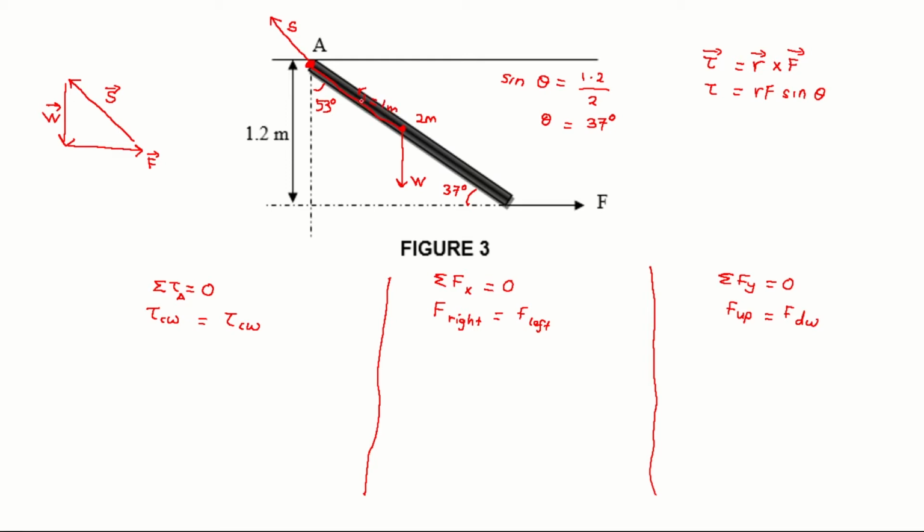The direction from the axis of rotation to the applied force means it rotates clockwise. The angle between R1 and weight is 53 degree.